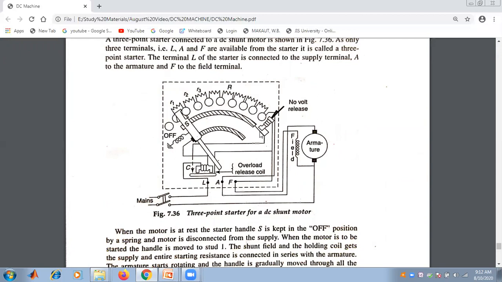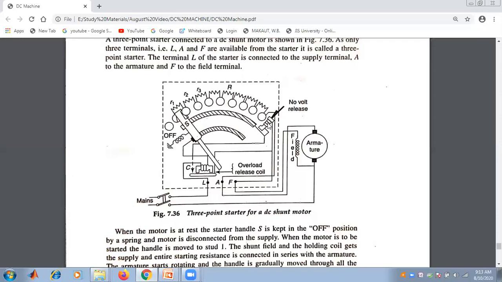The holding magnet is called the no voltage release or low voltage release coil.